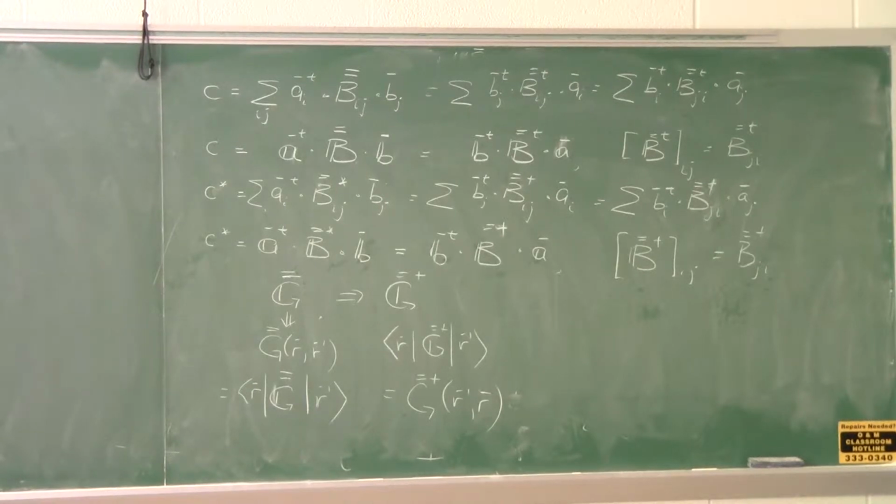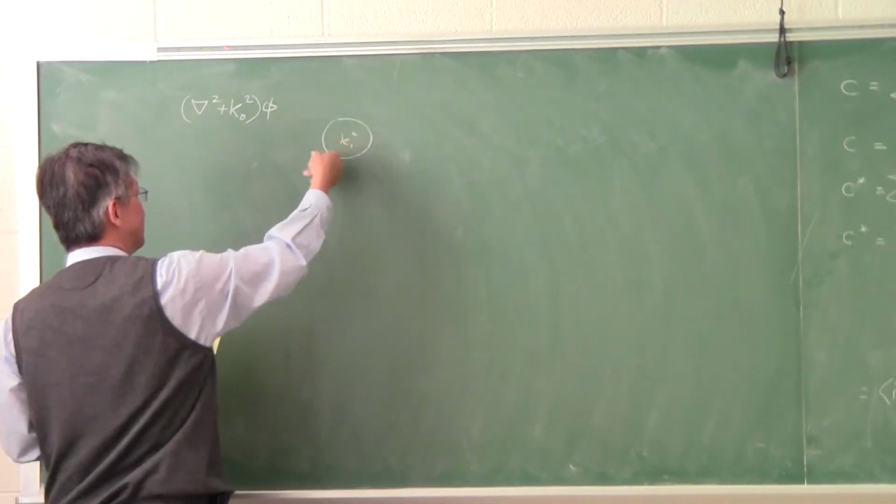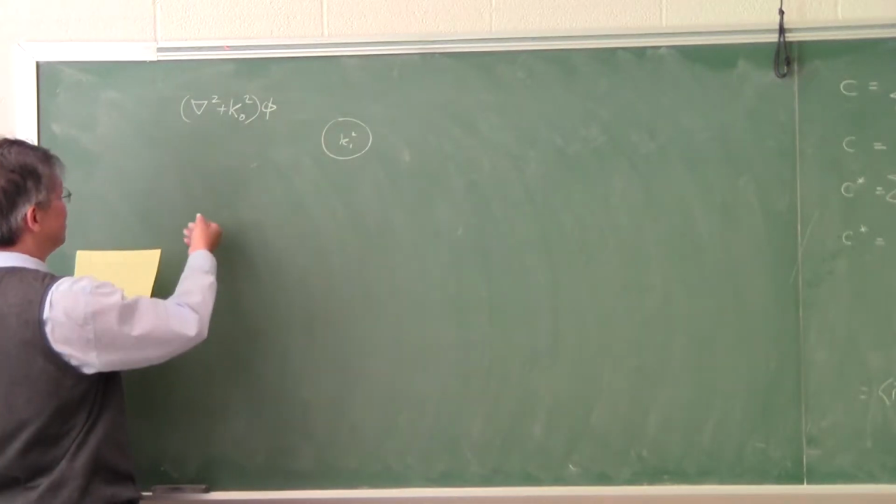So, if I have a wave equation, and if I want to study a scattering problem, say k0 here and k1 over here, and then find the scattering solution, then I can write the general solution outside.